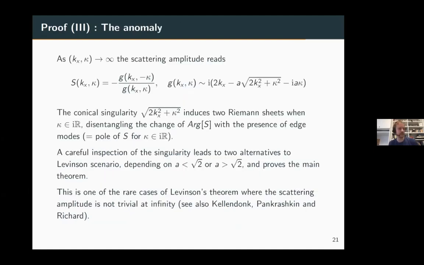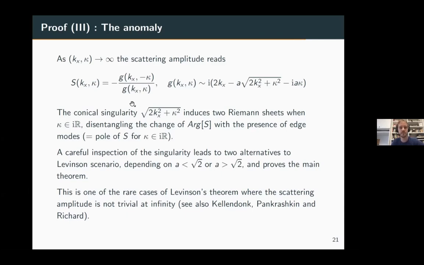And then we can go to the anomaly and actually directly look at the scattering amplitudes at infinity. So you can do some expansion as kx and kappa go to infinity. And here is the explicit shape of this expansion. You see that the issue here is that you have a square root of 2kx squared plus kappa squared. And remember that one of the key ingredients for Levinson's theorem to work is analytic continuation.